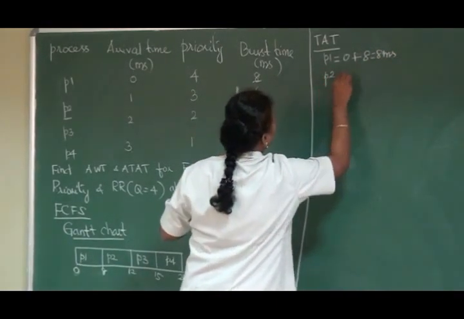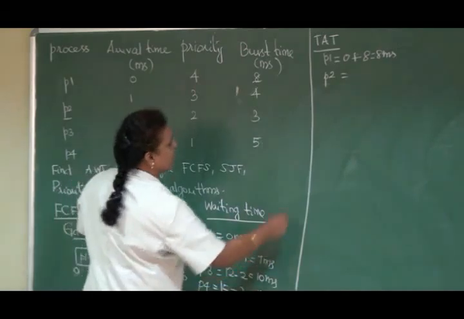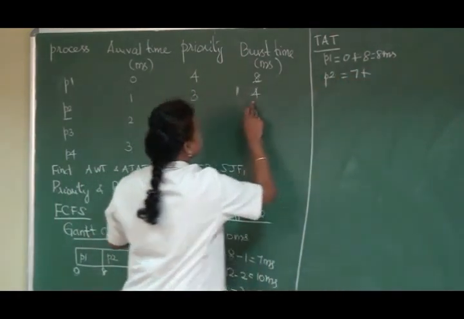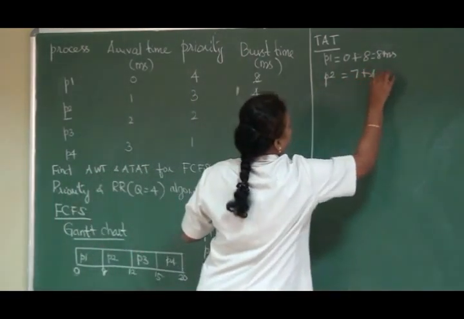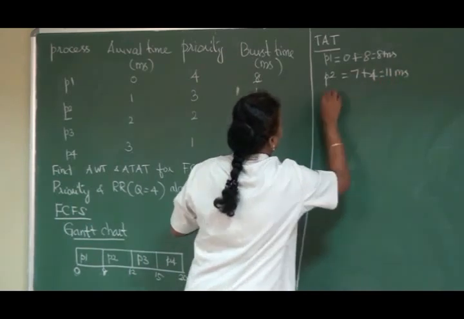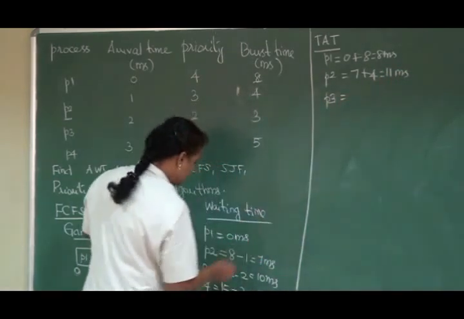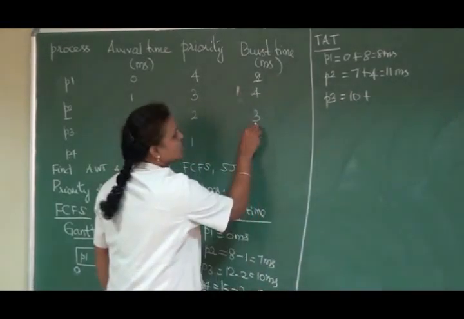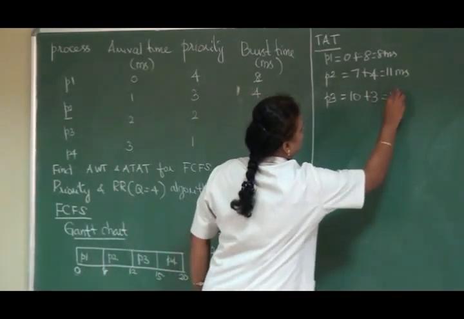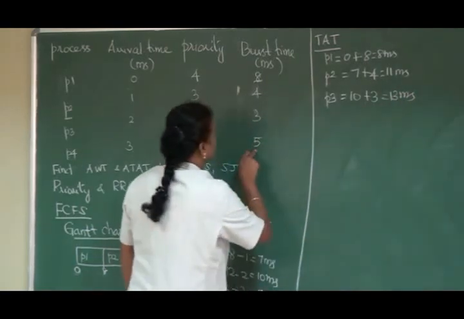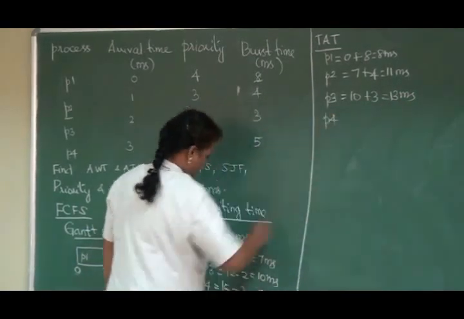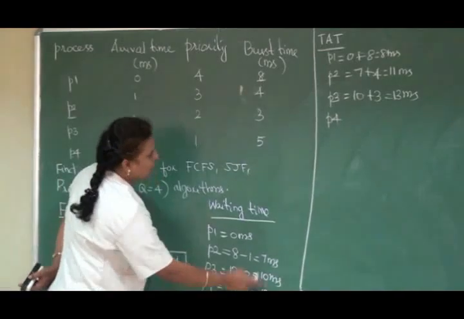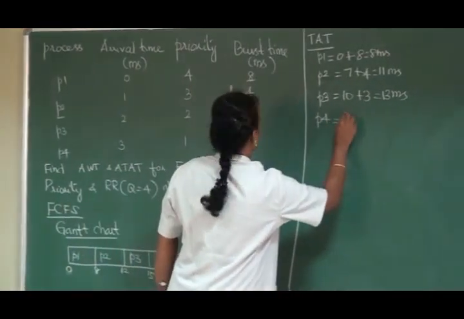For P2, its waiting time is 7 plus its burst time 4, so 11 milliseconds. For P3, its waiting time is 10 and its burst time is 3, so 13 milliseconds. And for P4, its waiting time is 12 and its burst time is 5.